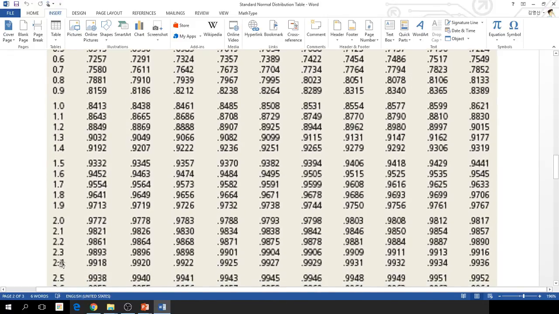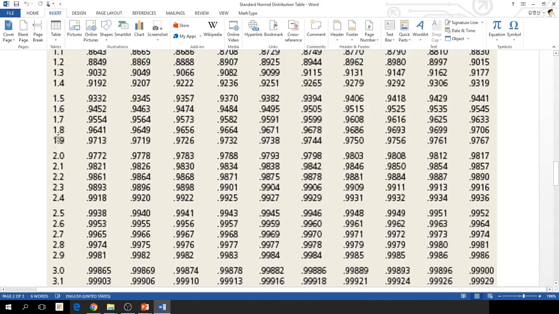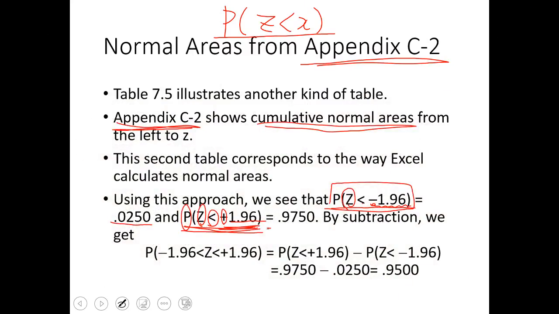So 1.9, 1.90, 1.91, 2, 3, 4, 5, 6. 1.96 is here, so 0.9750. 0.9750 is the probability that z is less than 1.96.